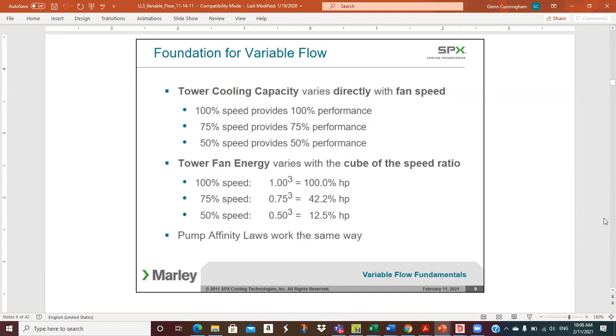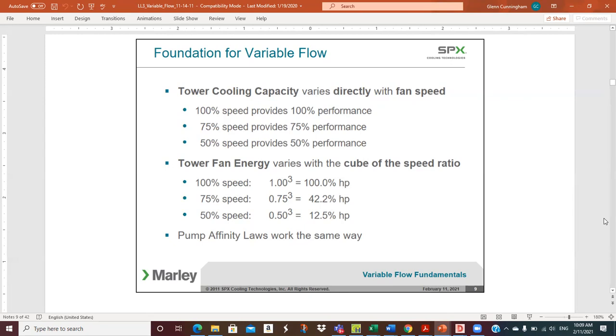That tells me my power from 100% is going to fall to 42.2%, so that's a 57.8% reduction. So if you could deal with just 25% less airflow, you could save not quite 60% of the fan power.